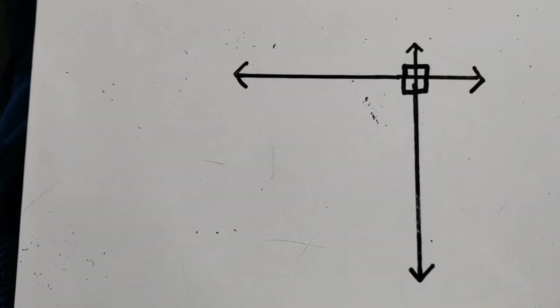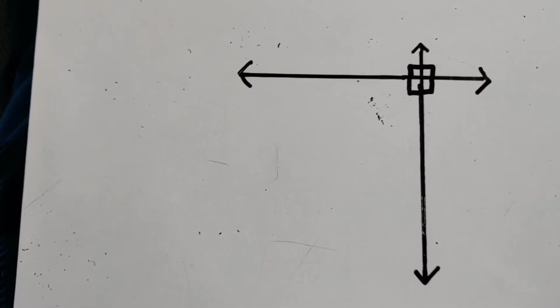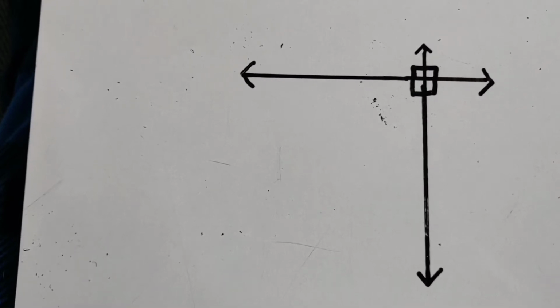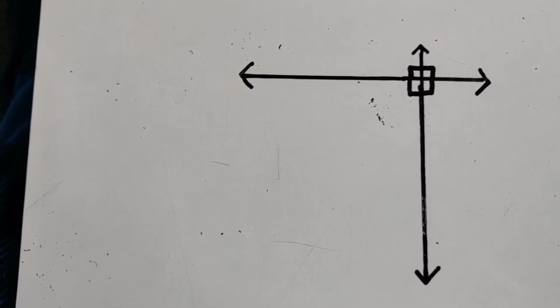And when two perpendicular lines form an angle, well, we could also change this figure and make them two perpendicular rays. And that's what that would look like.